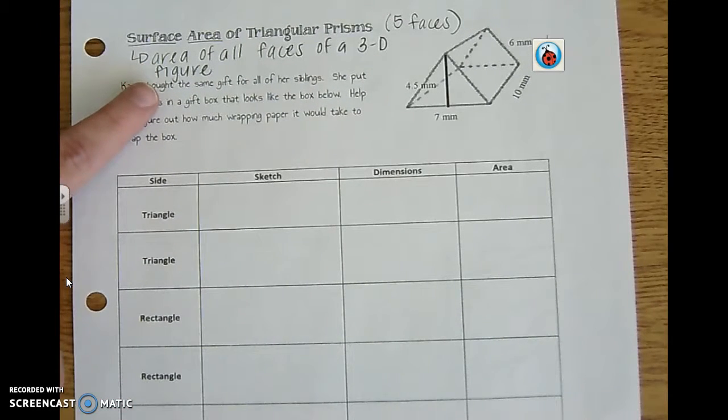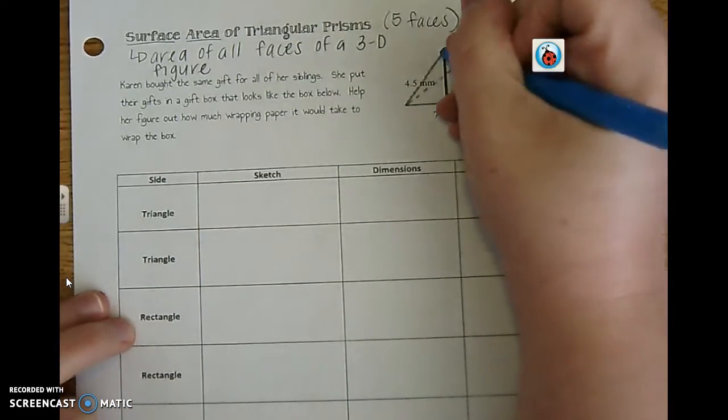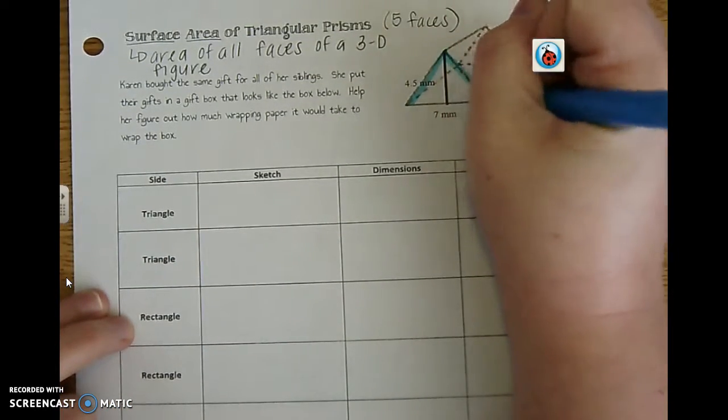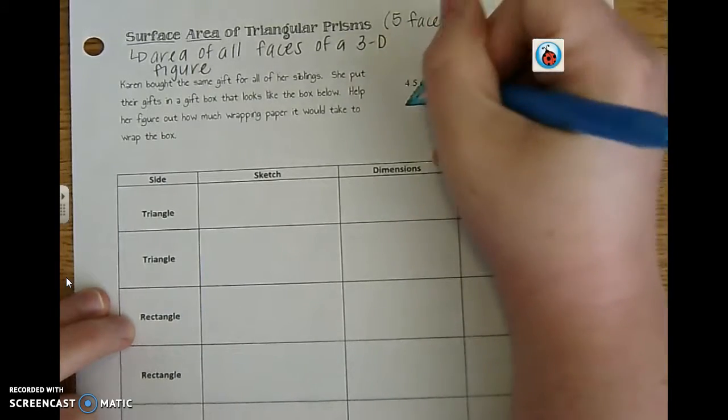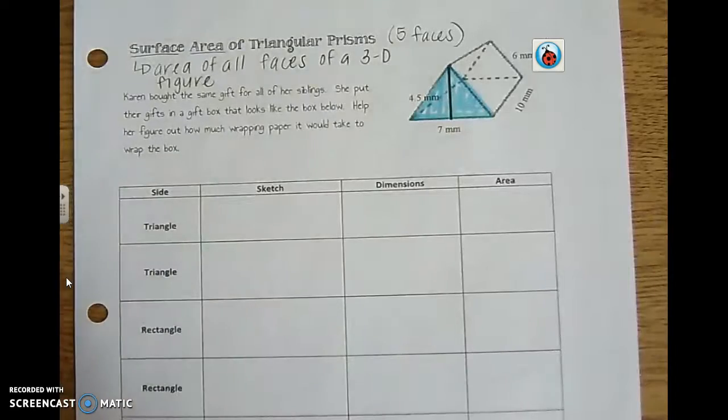Since surface area is the area of all faces of a 3D figure, I need to find the area of all faces of this triangular prism. So first we're going to start with the triangle, and I'm going to outline that in blue so that I can tell them apart. Remember, surface area is covering the entire surface.